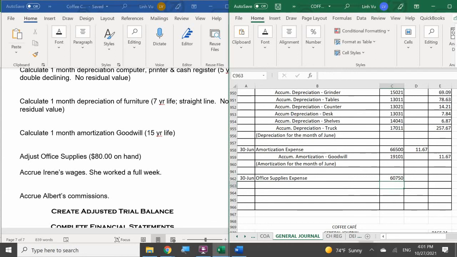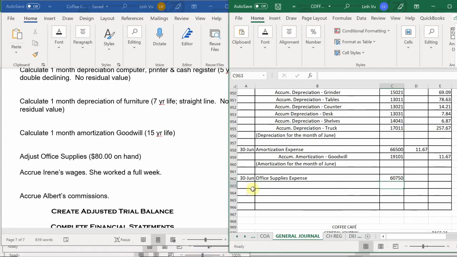Good. Exactly. And then where would I take the amount from? From the office supplies, correct.